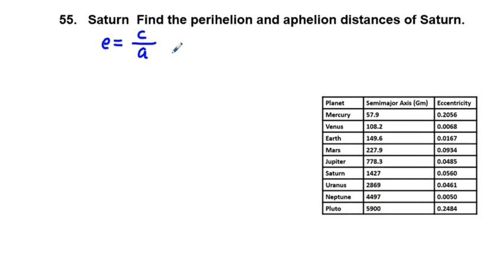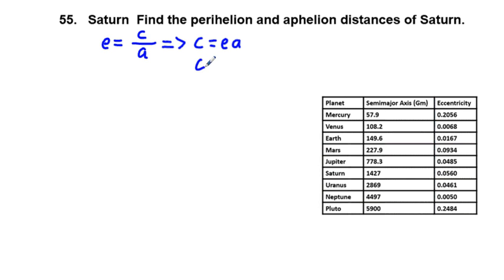In this case, we're trying to find what the focus is. So if we multiply by A, C is going to be equal to our eccentricity times our semi-major axis. So let's find out what that is.